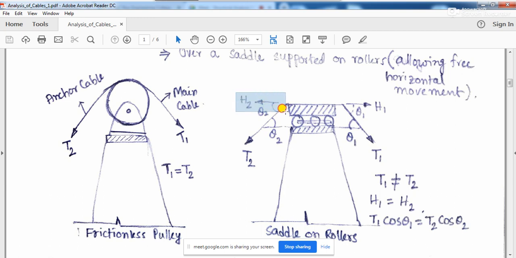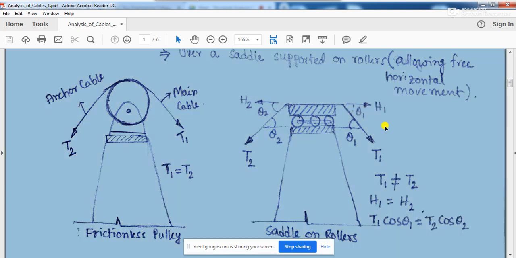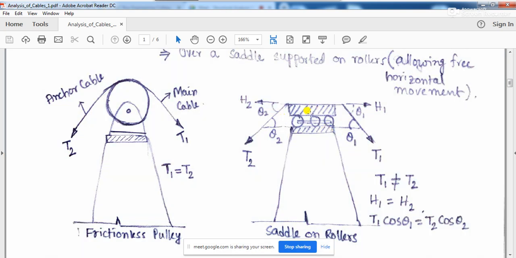That means H2 should be equal to your H1. Otherwise this saddle will move over this roller, and it will just fall off this support. Okay, so it cannot happen like that.